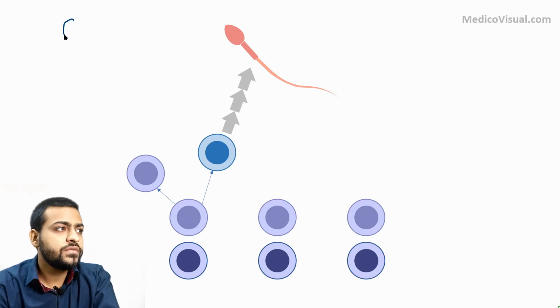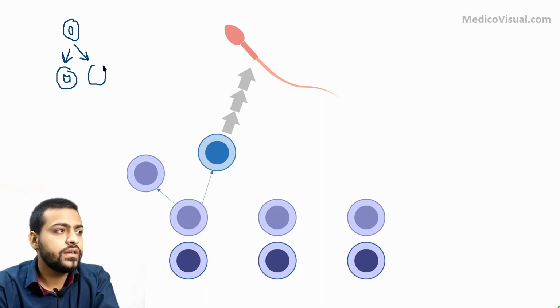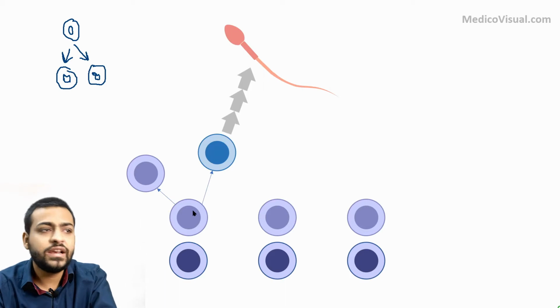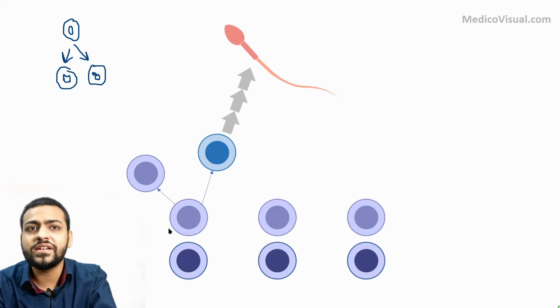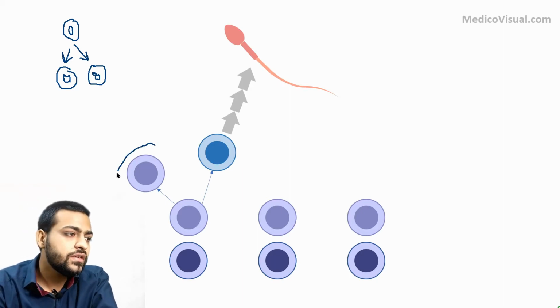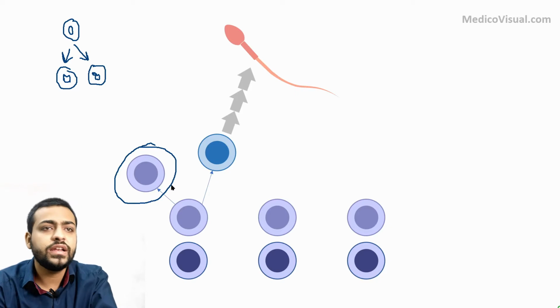Normally, let's suppose this is a cell and it divides into two cells, and these two cells are very different from the parent cell. But here something unique is going on. It divides into one cell that is different from the parent cell, while the other cell is very similar or the same as the parent cell. So what is the use of this cell that is the same as the parent cell?